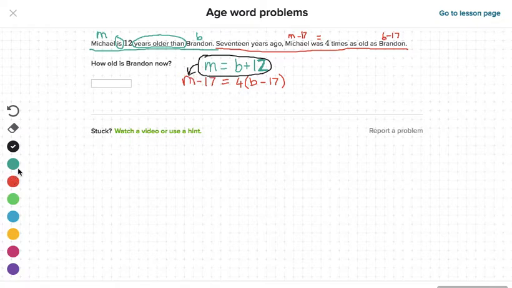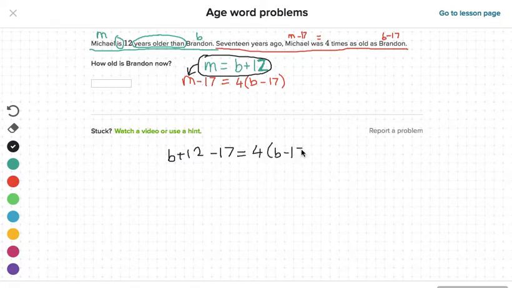So what we're going to do here is rewrite the equation. Instead of M, we're going to write B plus 12. So this gives us B plus 12 minus 17 equals 4 times B minus 17.